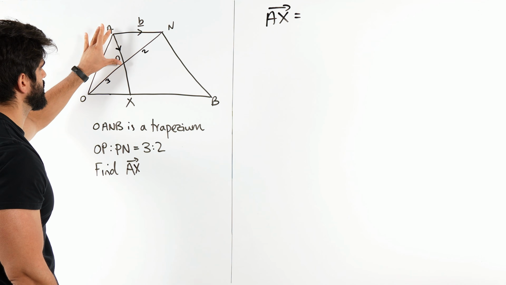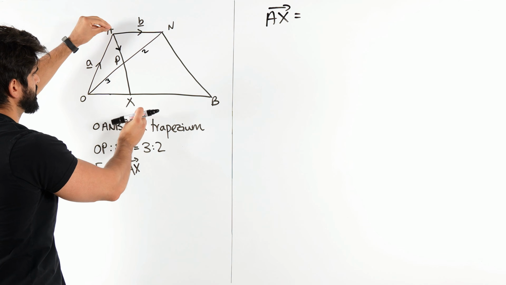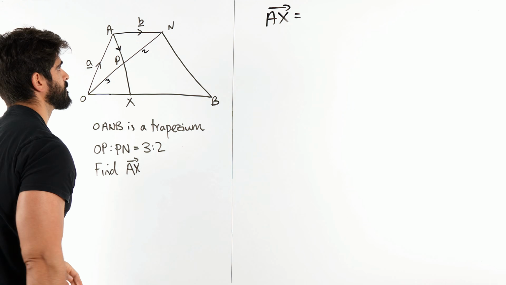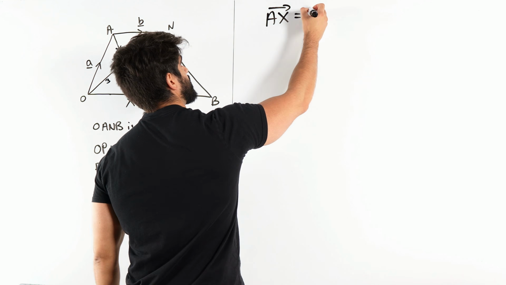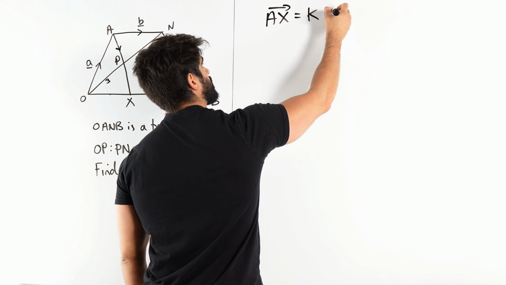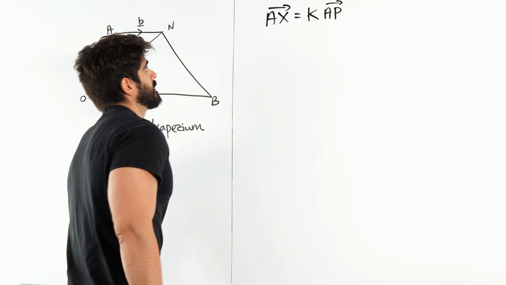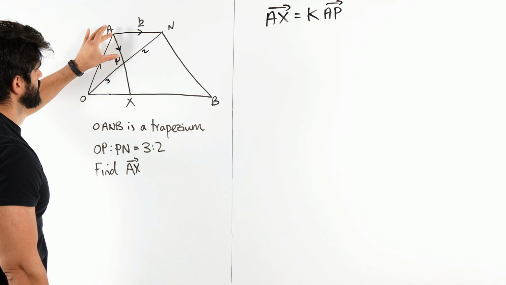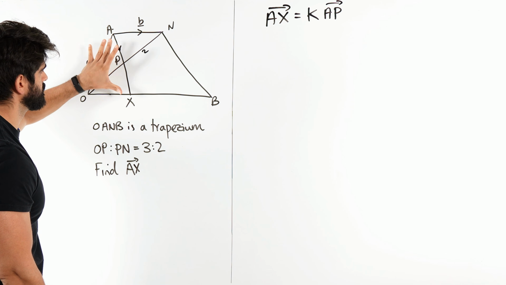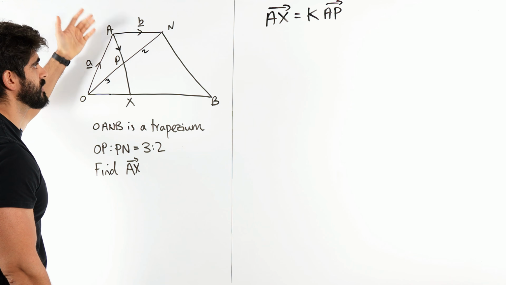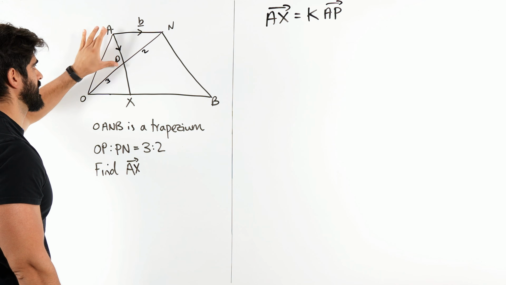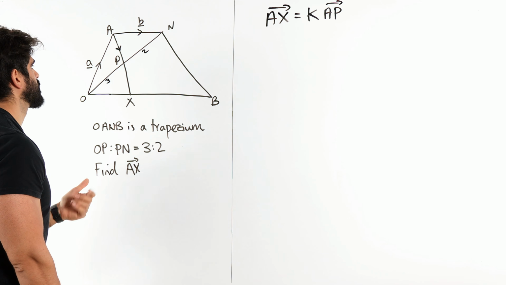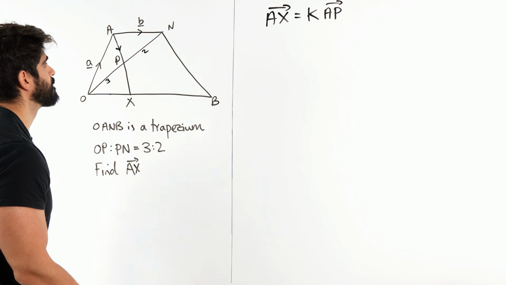If I can work out what AP is, you extend it out, you get to X. I'm going to call that extension K. AX is some extension of AP. Is it double? Is it triple? Is it 1.5, 1.75? I don't know. It has to be bigger than 1 though. So I need to figure out how I'm going from A to P.